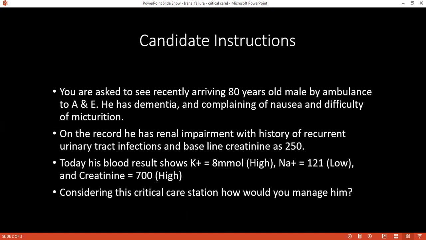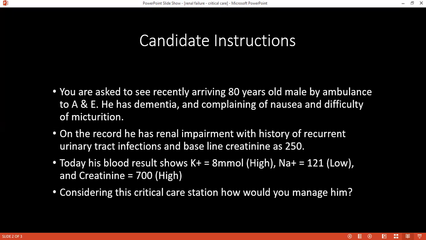Why is it important for aspiring surgical candidates? Okay, due to the risk of arrhythmia, which will affect the anesthesia, and also the arrhythmia will affect the cardiac output and may lead to complications in the heart, like MI.